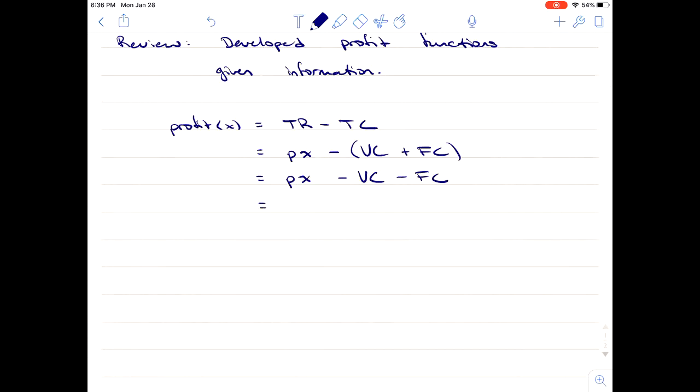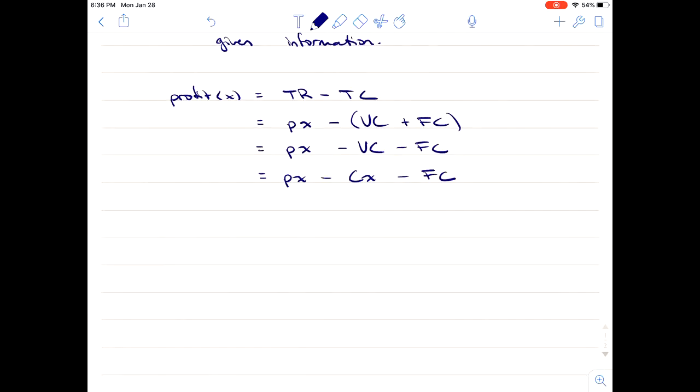And then finally, the last thing we can replace with the formulas on our formula sheet is the VC, which is actually C times X. So we have PX minus CX minus the fixed cost, where C is the cost to produce each item times X, however many items you're producing. And then we said we can simplify this to X times (P minus C) minus the fixed cost.